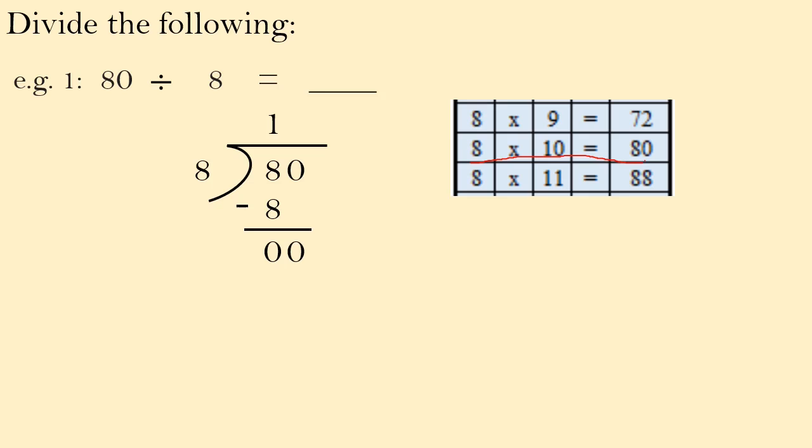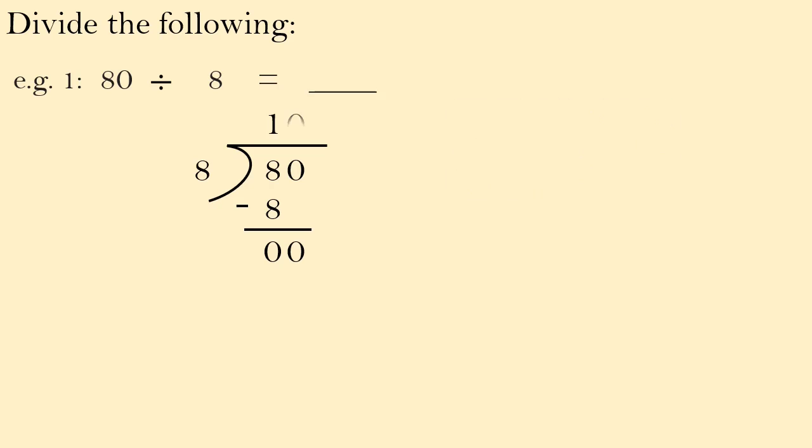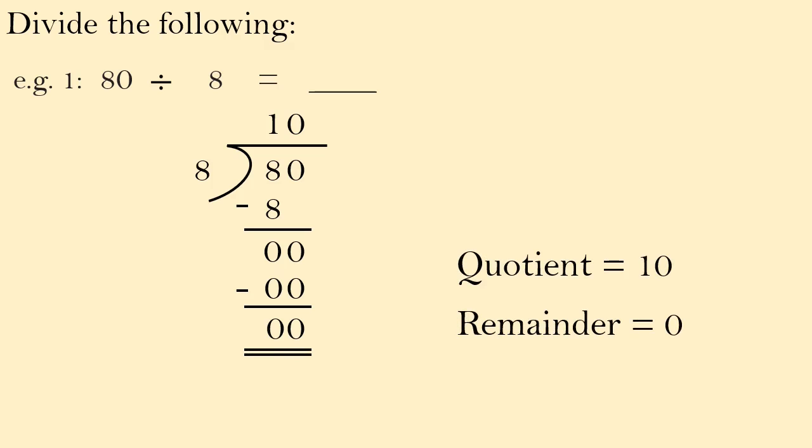So that means 80 divided by 8 is equal to 10. Eight nothings are nothing. So you're left with 0. So that means the quotient is 10, the remainder is 0. So 80 divided by 8 is 10.